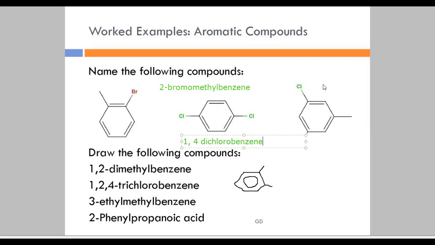All right. How about this one here? Let's name this one here. What is carbon number 1 here? The methyl, okay. So what is the name for this? Remember to respect the alphabetical order.